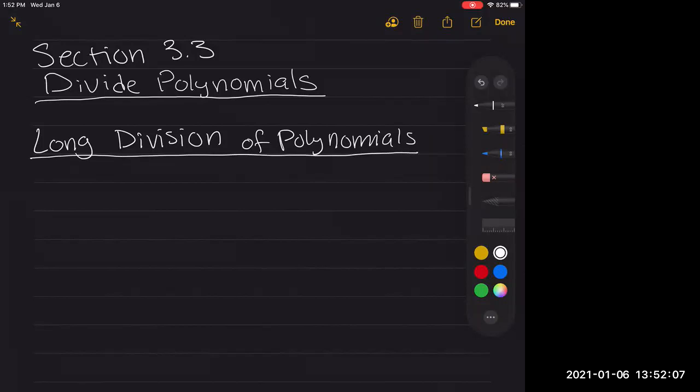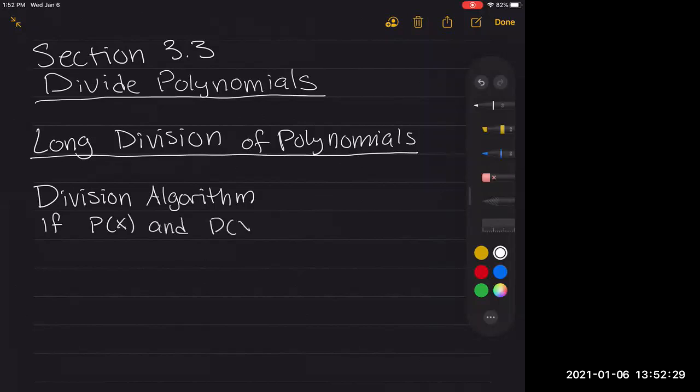All right, so the first bit of this is we need to know a very important theorem called the division algorithm. So that says that if P and D are polynomials, with D of x not equal to the zero polynomial.